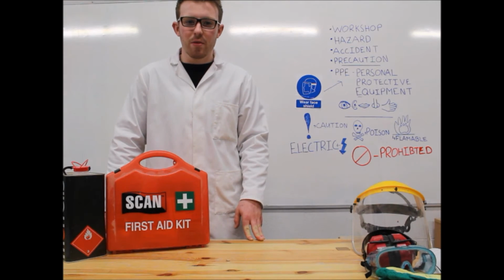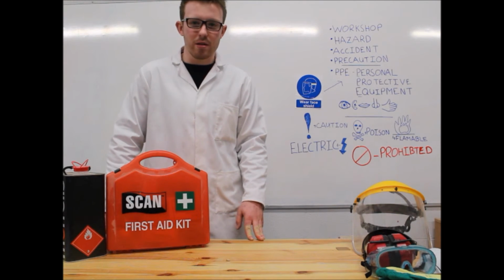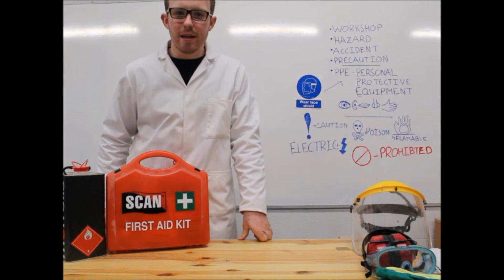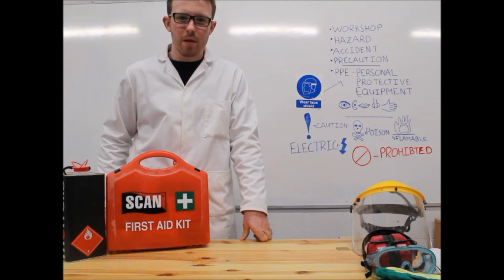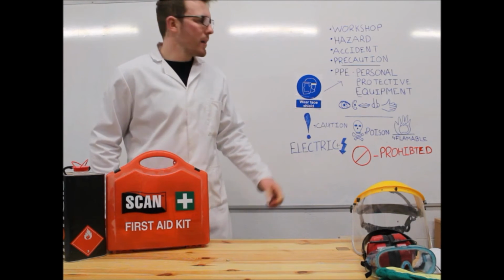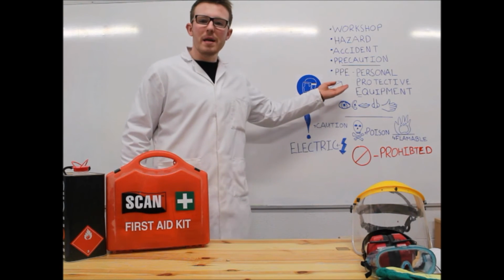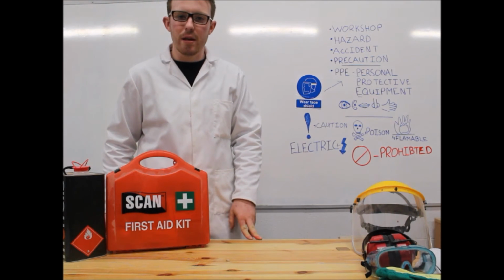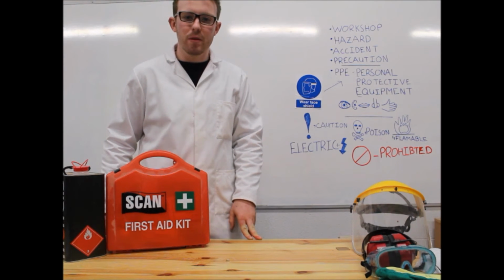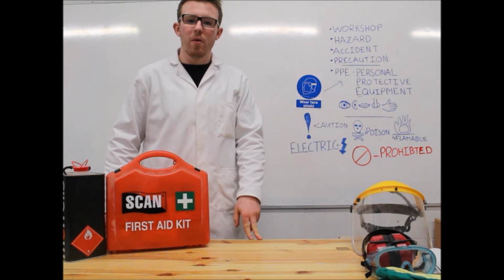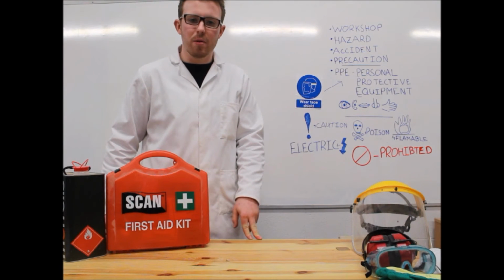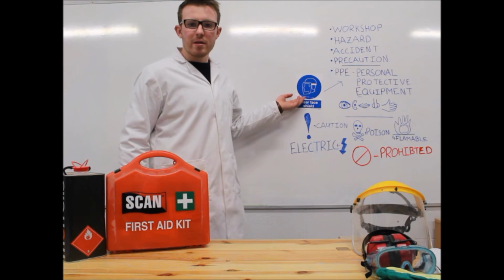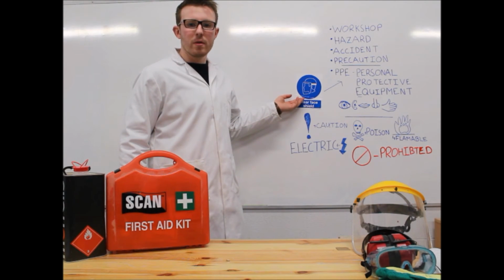The final sign that we talk about are blue signs, such as the one displayed here. These signs indicate mandatory. They generally display images of PPE in order to remind you about your PPE that's needed for each machine. Take, for example, one of the machines in your MTW classroom. You should see some of these signs displayed at each machine.